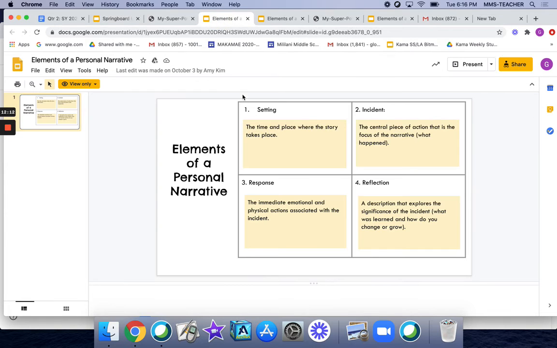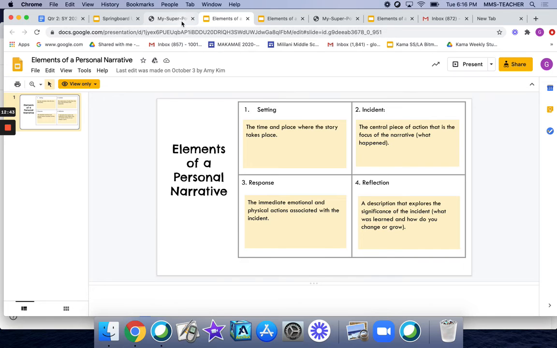So remember, setting is the time and place where the story takes place. The incident is the central piece of action that is the focus of the narrative and what happened. And then the response is the immediate emotional and physical action associated with the incident. And the reflection gives the description that explores the significance of the incident, like what was learned and how you change or grow.